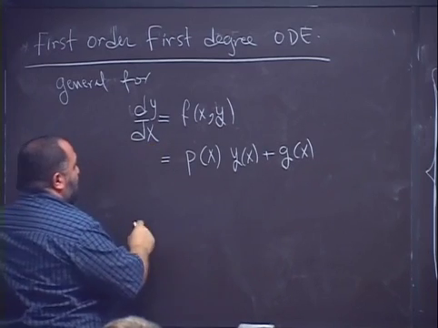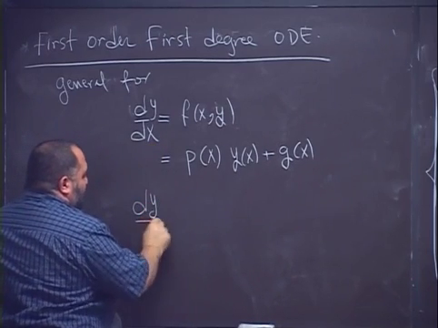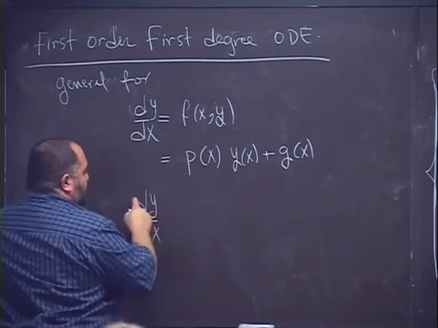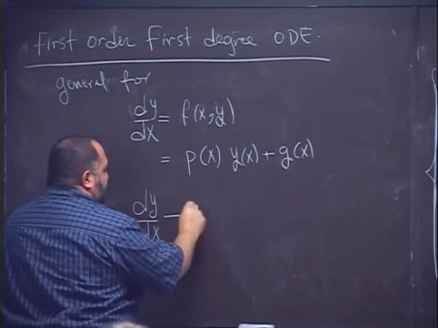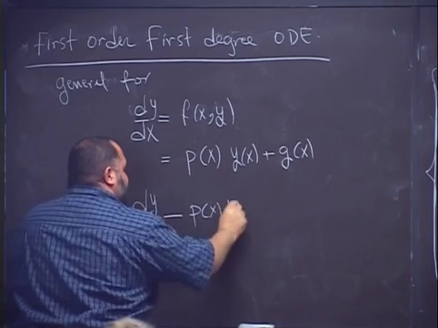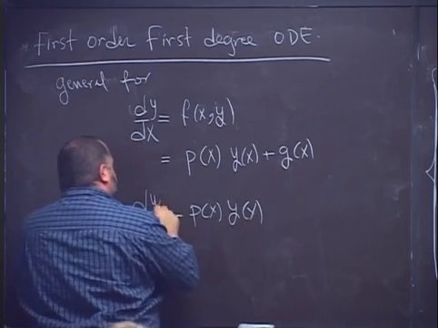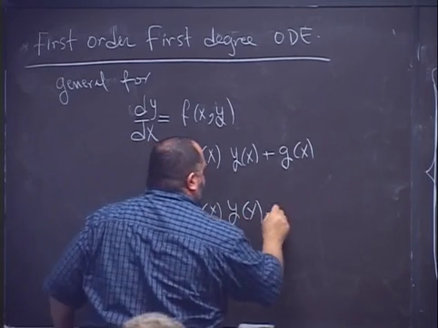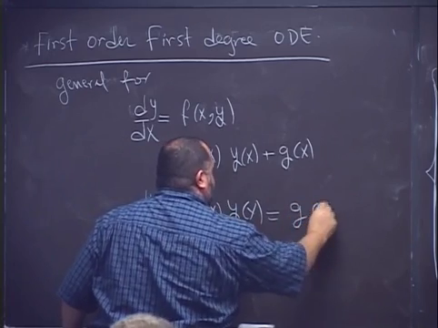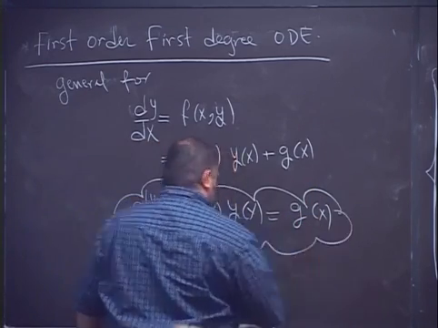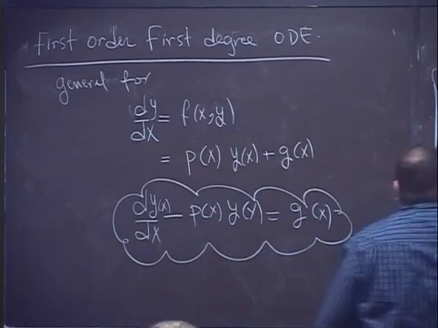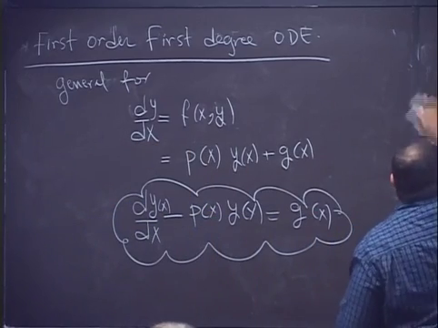So if you want to write it in a more general form, dy/dx plus or minus p(x) y(x) equal to g(x), something like this. So usually this is the form for a first order equation.